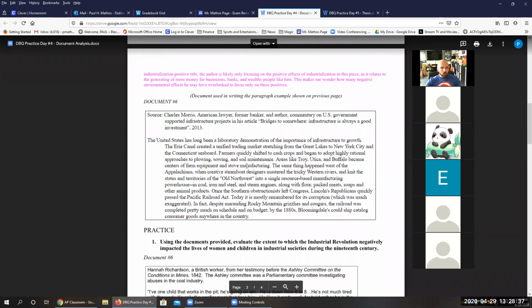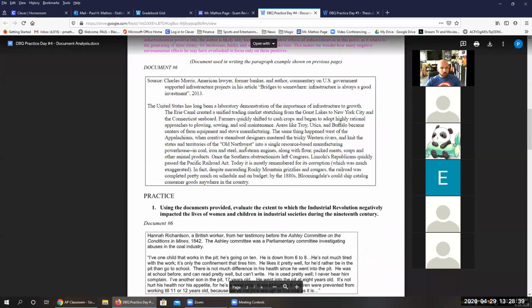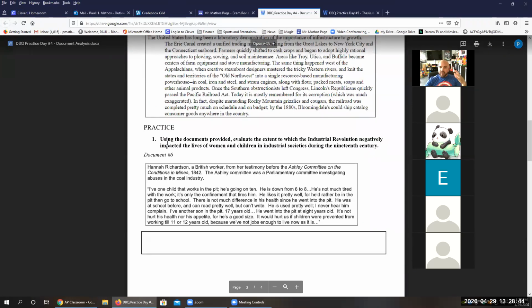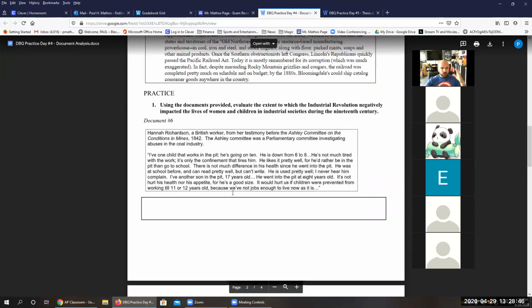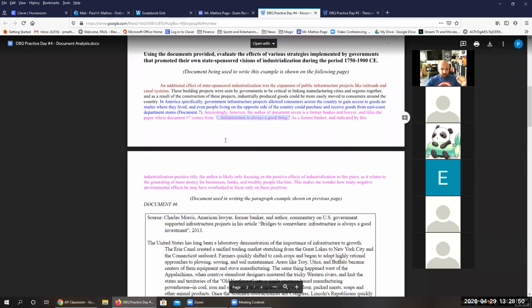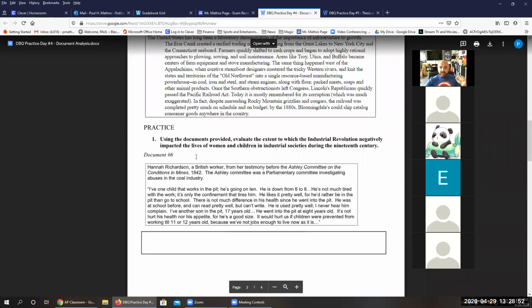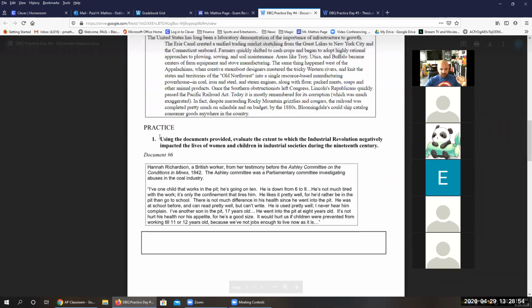All right. So let's start to go down here now. What I want you guys to do right now is to try to do exactly what this person did. You're going to take this document, and again, here is your prompt. Using the documents provided, evaluate the extent to which the Industrial Revolution negatively impacted the lives of women and children in industrial societies in the 19th century.